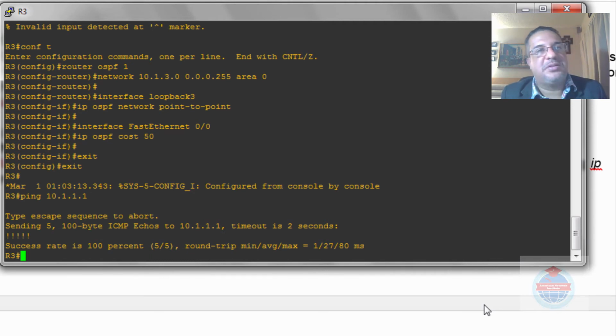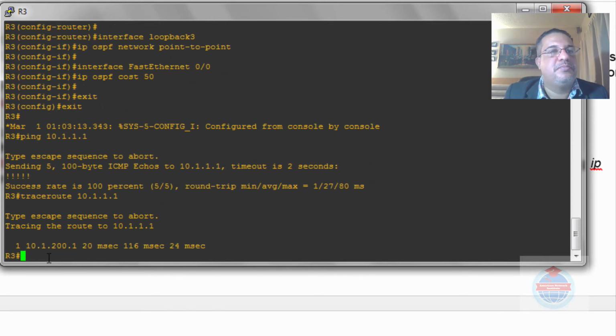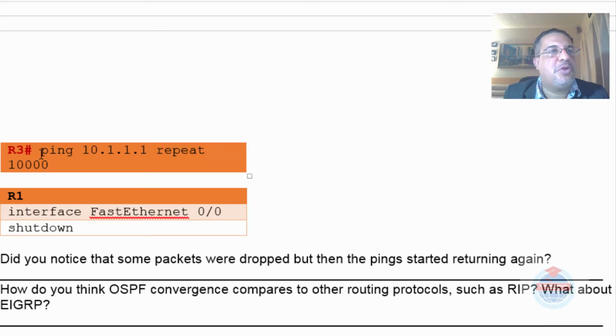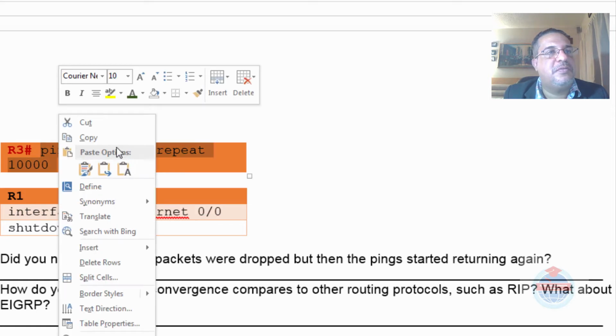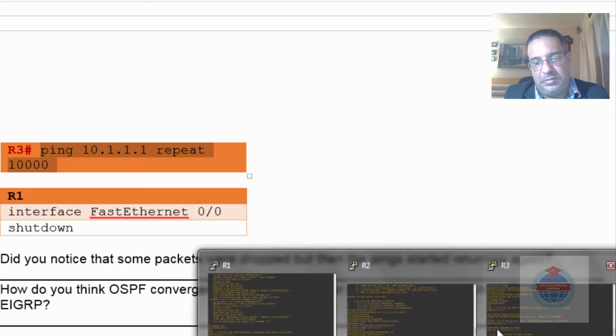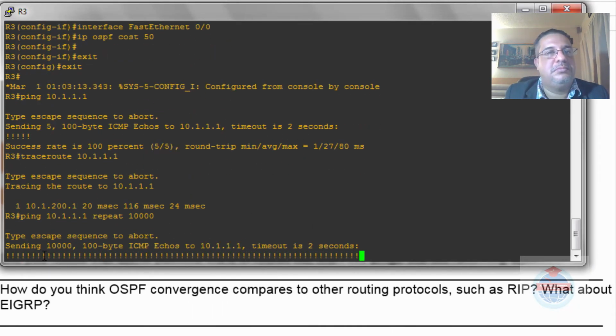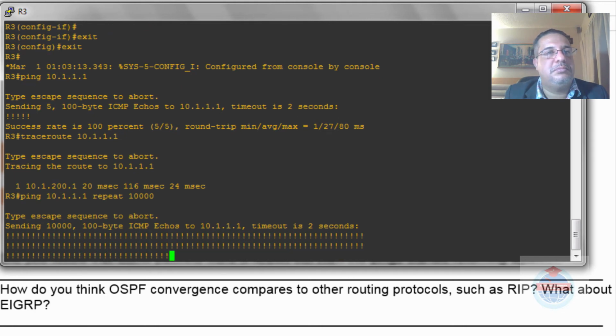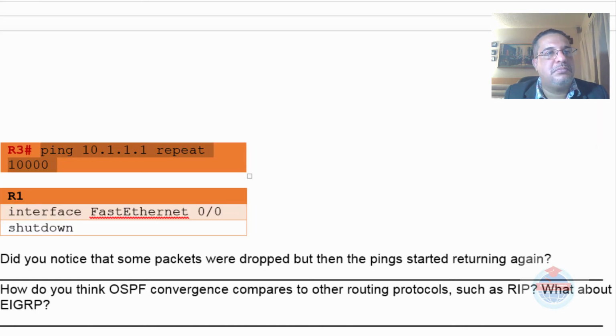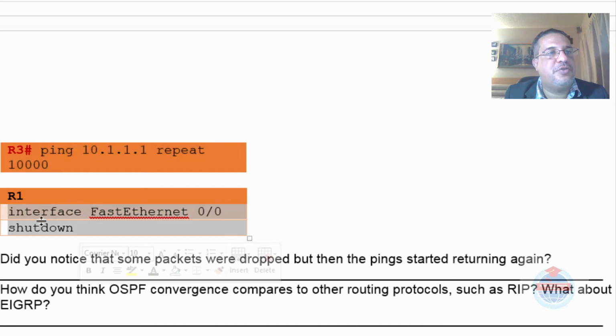It was successful, guys. From R3 we can ping successfully. Excellent. We did traceroute as well, and everything came back very fast. We're going to do a small exercise over here from R3. Nice, isn't it? Now let's try on R1.